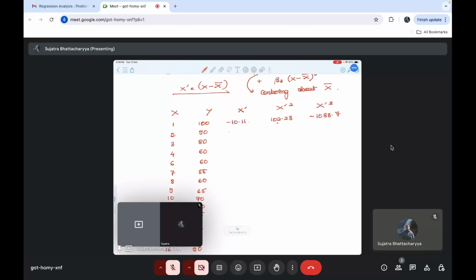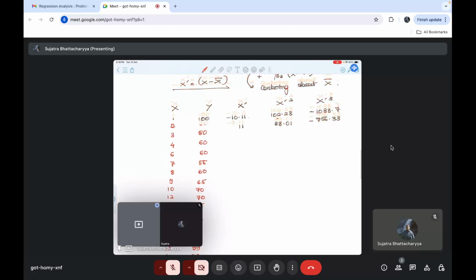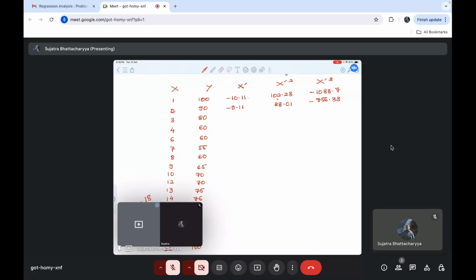Okay, so it's 83.01, minus 756.3. So you can do it roughly up to 2 decimal places or 1 decimal place, whichever is suitable for you. Okay. So this is 65.79, minus 533.6. All right.